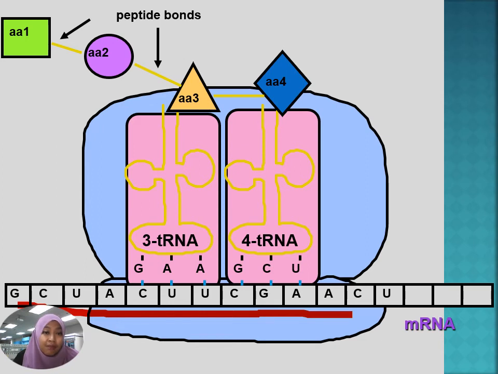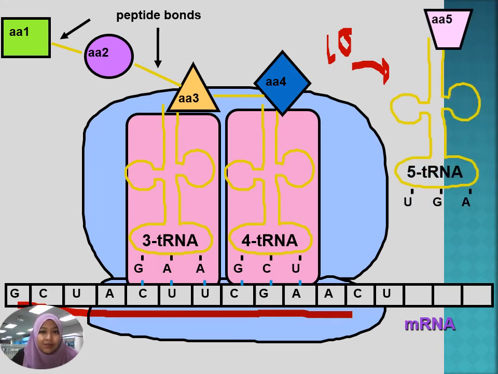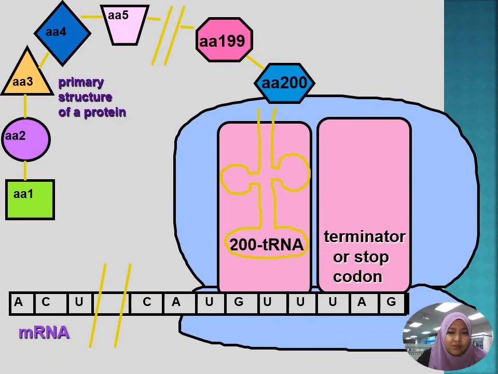Remember, this protein is not functional yet because it is only a single line of amino acids. This is only the primary protein, so it has to go to the secondary and tertiary structures, and lastly the quaternary, where it functions as a protein.